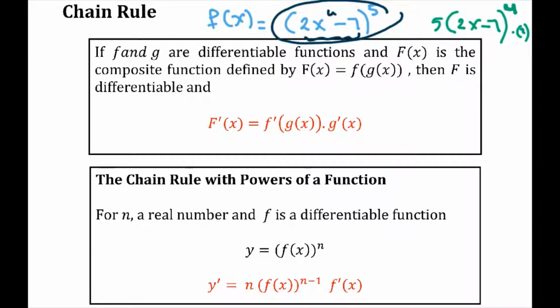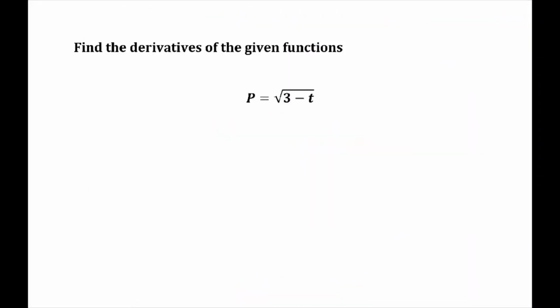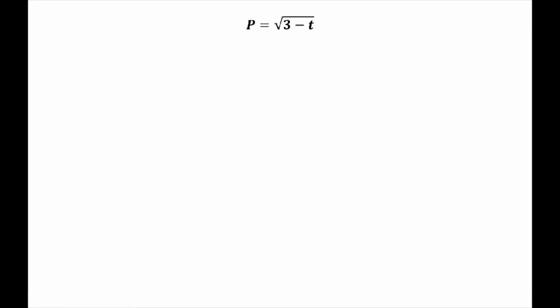So let's move on and try these questions here. The square root of 3 minus t. Well, the inner function is 3 minus t. The outer function is a square root. So first we try to find the derivative of the outer function.